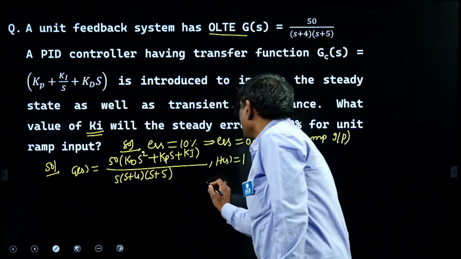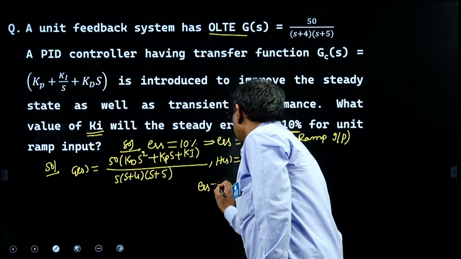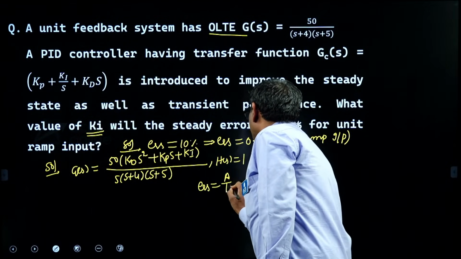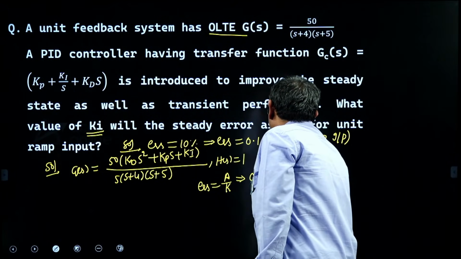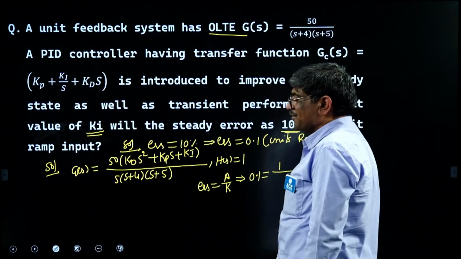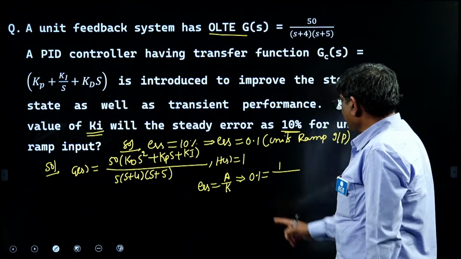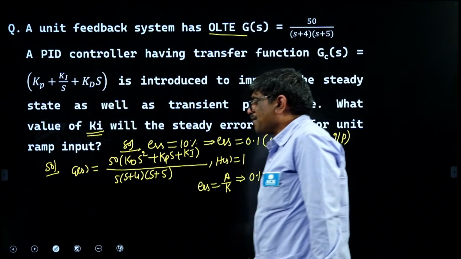Simply, what is the formula? Steady state error for a unit ramp is A by K. What is A? We want 0.1. For a unit ramp, A is 1. What is K? Numerator constant by denominator constant.